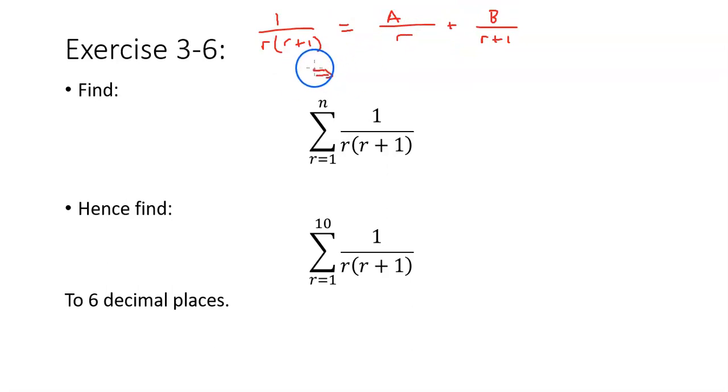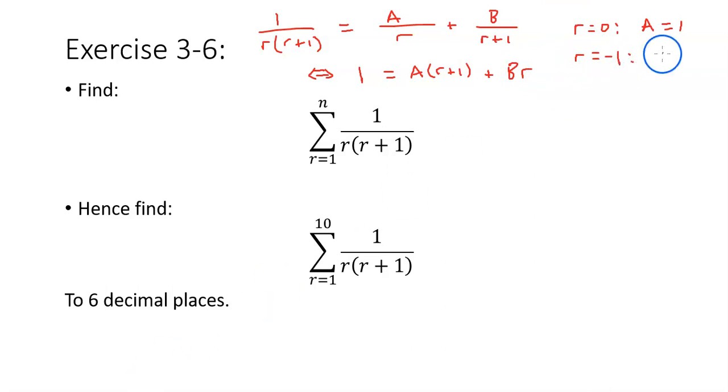And then from there we rearrange everything. We get 1 is equal to a times (r plus 1) plus b times r. Setting r equal to 0, we get that a is equal to 1. And then setting r equal to negative 1, we get that b is equal to negative 1.